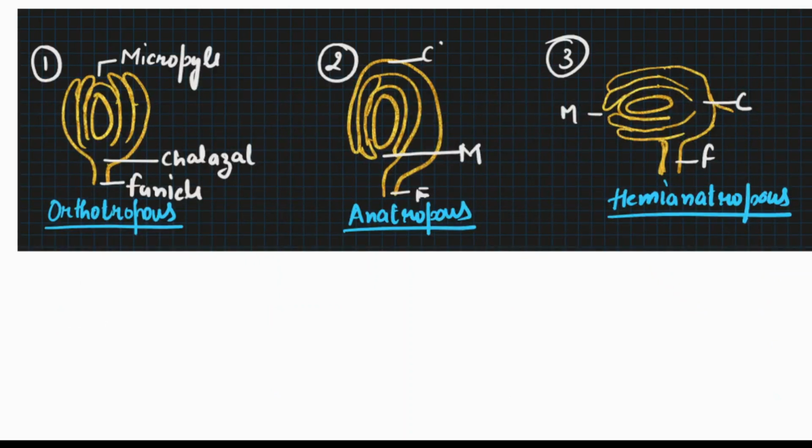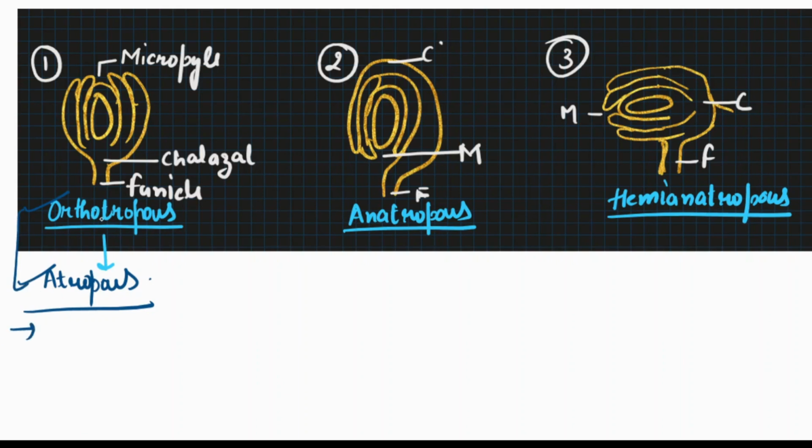So if we talk about the first type of the ovule, that is the Orthotropous ovule. Orthotropous ovule is also called as Atropous ovule. Okay, so Atropous or Orthotropous. So what is the meaning of this type of ovule?